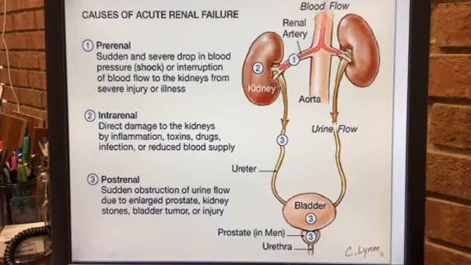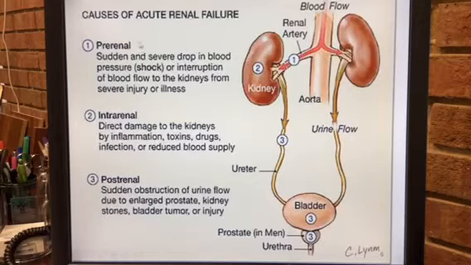So number 1 represents blood flowing to the kidneys. And anything that interrupts that blood flow to the kidneys, like septic shock, where your overall blood pressure has significantly lowered, trauma, where the patient is bleeding out somewhere, heart failure, where the heart just won't pump it down here, those can produce pre-renal situations.